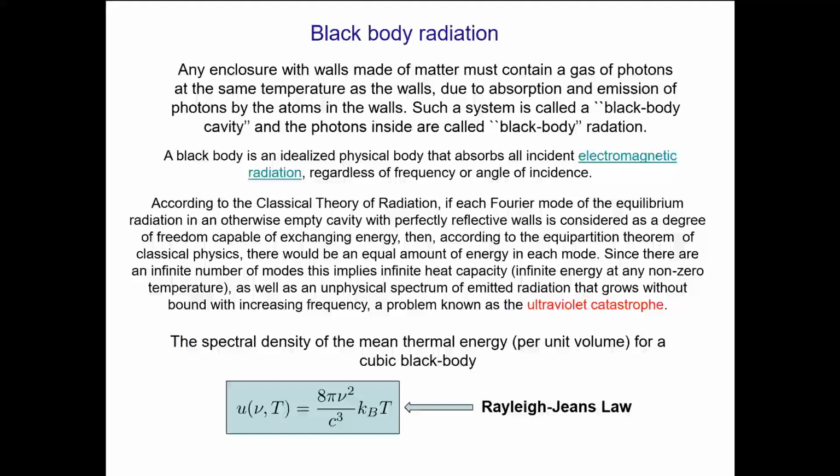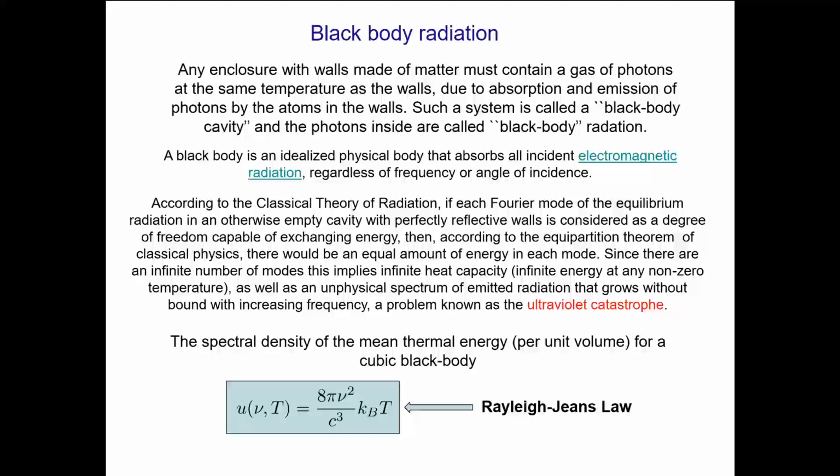According to the classical theory of radiation, which was created in the late 1900s, if each Fourier mode of the equilibrium radiation in an otherwise empty cavity with perfectly reflective walls is considered as a degree of freedom capable of exchanging energy, then according to the equipartition theorem of classical physics, there would be an equal amount of energy in each mode.